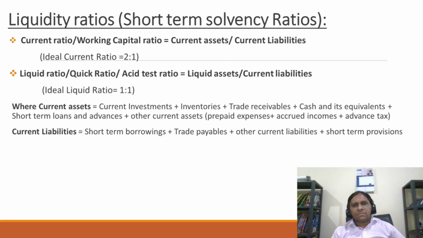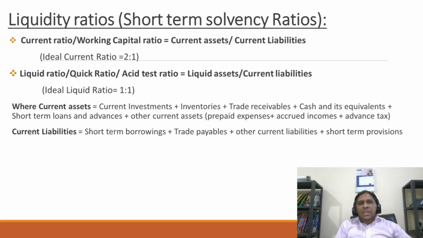One by one, we will discuss all the important terms. But before that, we should understand that the ideal current ratio is 2:1. I repeat, the ideal current ratio is 2:1. It means that a current ratio above 2:1 is bad for the organization, and if it is below 2:1, that is too harmful.